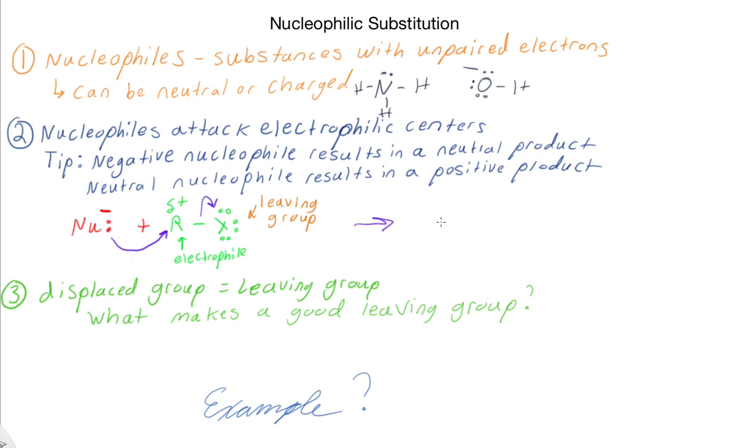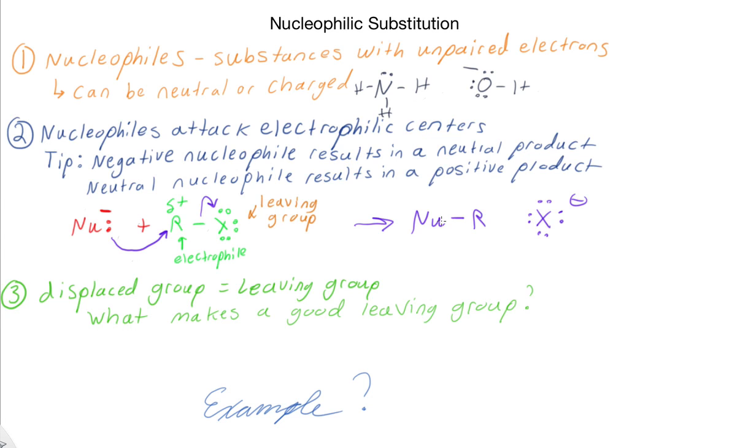And what we'll end up with is Nu being attached to the R, because of that lone pair, and that X being broken off, resulting in X minus, because it gained both of those electrons in that bond. So look, we started with a negatively charged nucleophile, and we ended up with a neutral product.